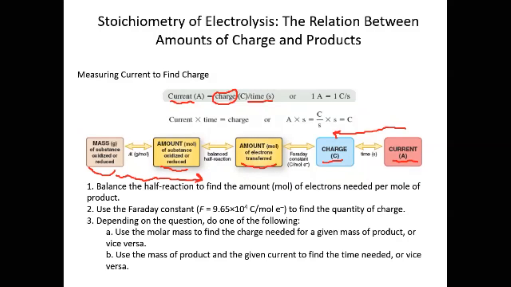You're going to need to know the molar mass to find the moles of product, to get the moles of electrons and then the charge. Or you're going to use the current and time to get the charge, to get the moles of electrons and the moles of substance. So you're going to go either one of two directions on this. So let's look at a few examples of electrolytic cells.